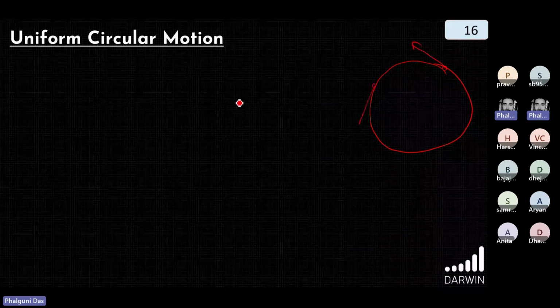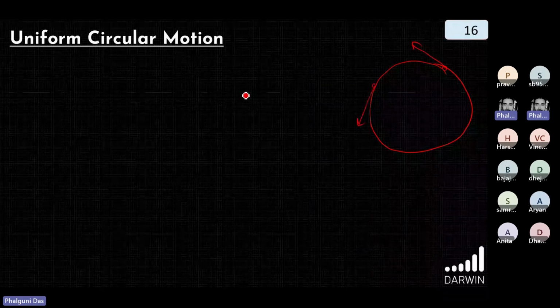So if I ask you, a particle is moving along a circular path, at any instant what is the direction of its velocity? Tangential. Yes, at any point along the tangent. At different points, the velocity points along the tangent direction.